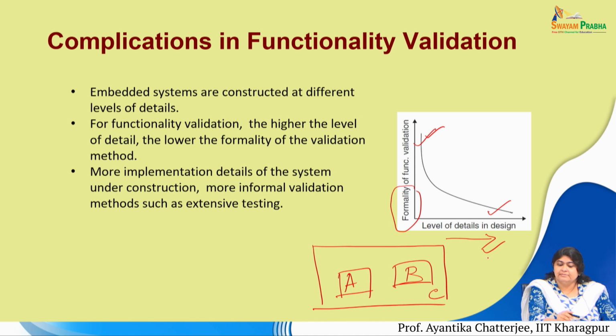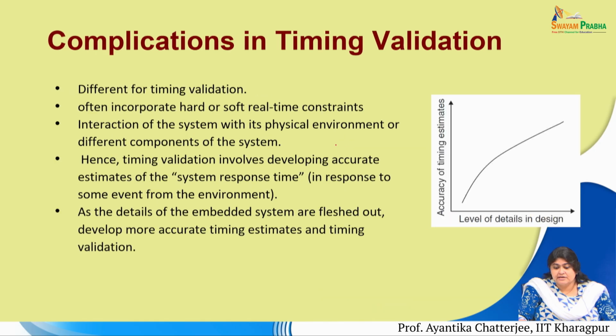So, embedded systems are constructed at different levels of details. For functionality validation, the higher the level of detail, the lower the formality of the validation method. Now, this concept is exactly opposite when we are talking about timing validation.